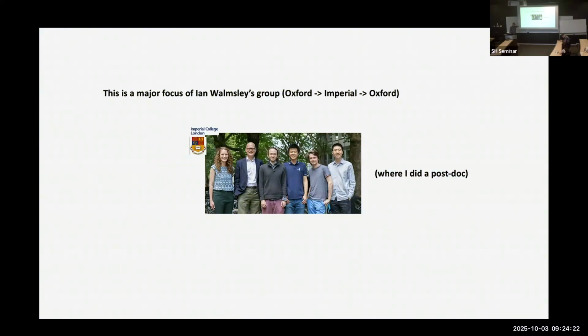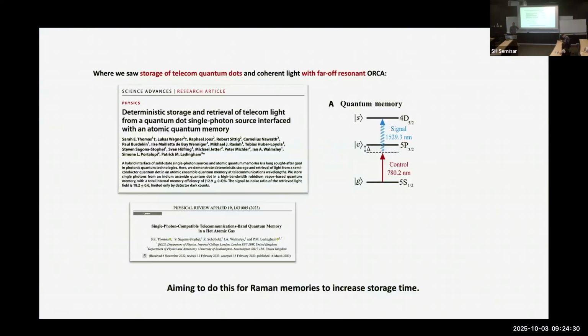I worked with him at Imperial, but he went from Oxford to Imperial, and now he's back at Oxford, where I did a postdoc. And the advantage of off-resonant memories is that they work very fast, and they are, in a lot of senses, the most compatible memories with quantum dots.